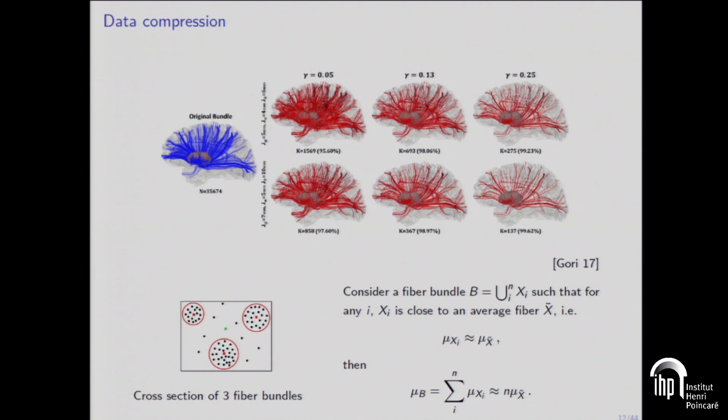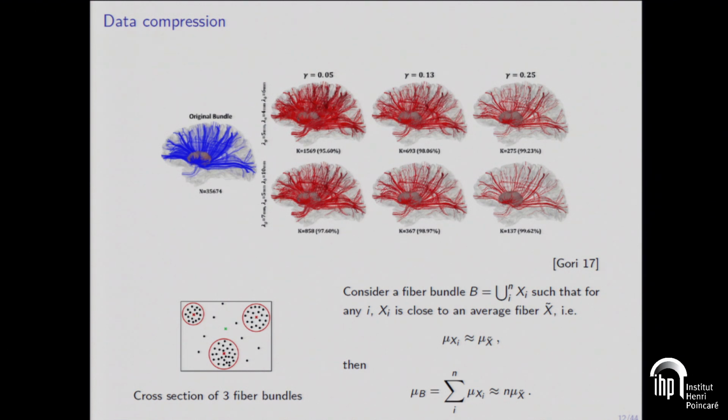And when you go now with high resolution imaging, you can go up to 1 million fibers. So if you have 100 points per fiber, I let you imagine that these objects really contain a lot of points. So you need some kind of data compression algorithms to manipulate them, to compare them.